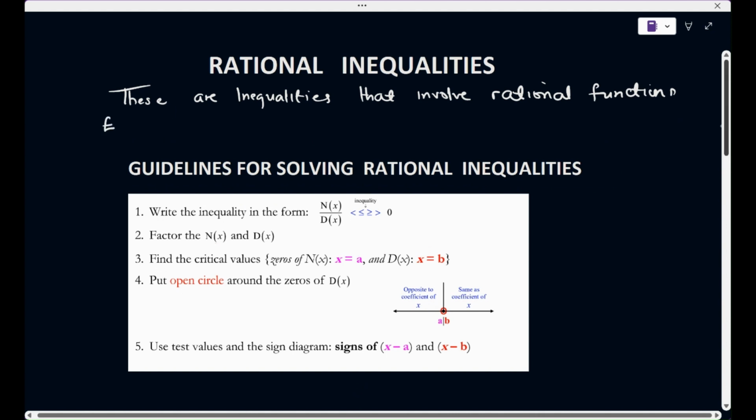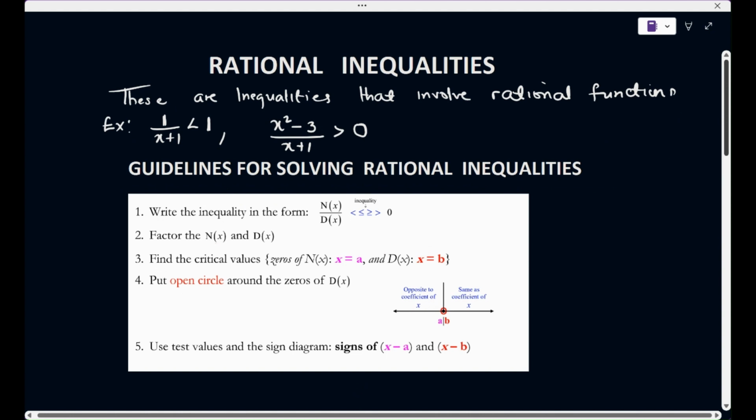For example, you have something like 1 over x plus 1, let's say less than or equal to 1. This is an example of a rational inequality. We can also have, let's say, x squared minus 3 over x squared plus 1 greater than 0.